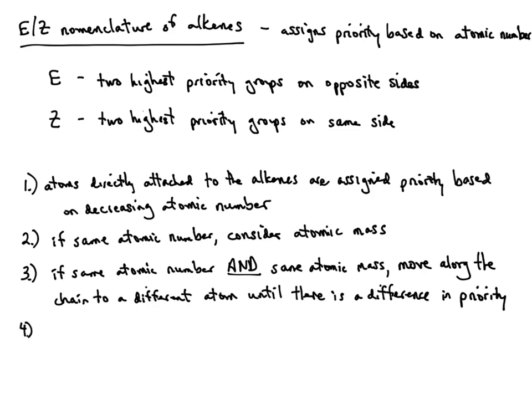The fourth rule is that if two groups have the same atomic number and the same atomic mass and lie in the same position along the chain, but one of them is doubly bonded, then you count that atom twice. All right, so if above is the same, you count double bonds or triple bonds multiple times.